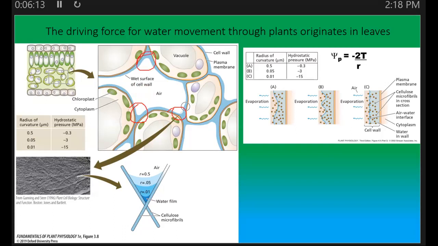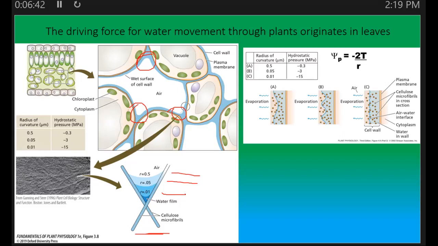You start to get these curves. So those are the menisci. And what they're trying to show here, in this lower image, is differences in the size of the radius. If the radius is 0.5 or 0.05 or 0.01, what happens to the size of P, your hydrostatic pressure, if you have those different radii?